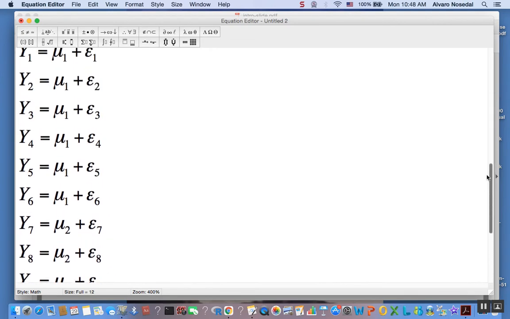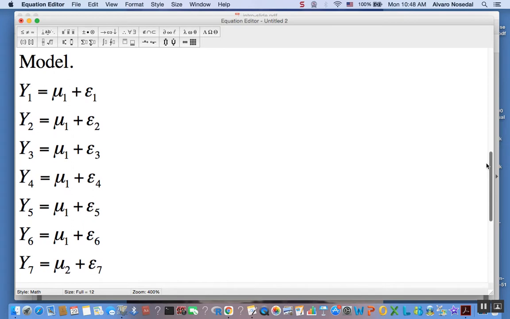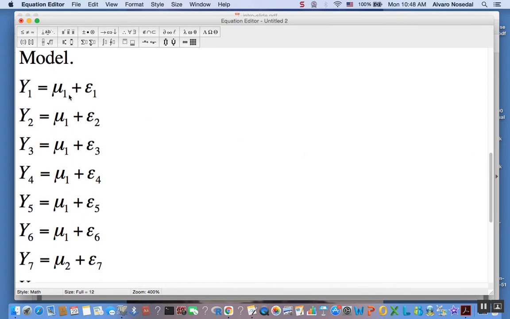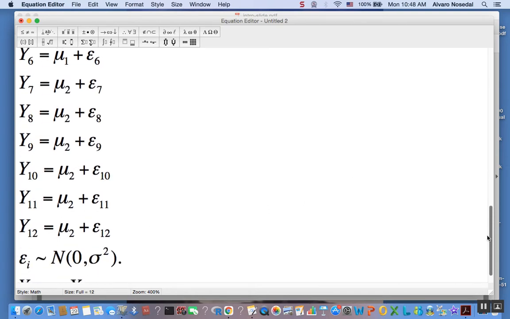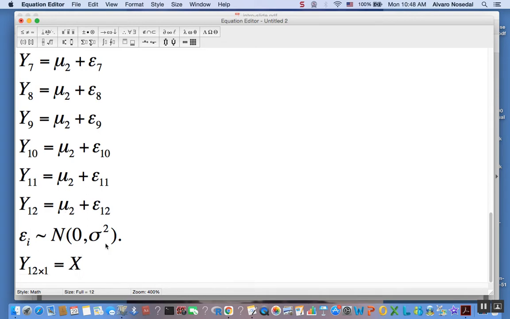And then the second column of my design matrix would be 0, 0, 0, 0, 0, 0, and then 6 ones. Make sense?